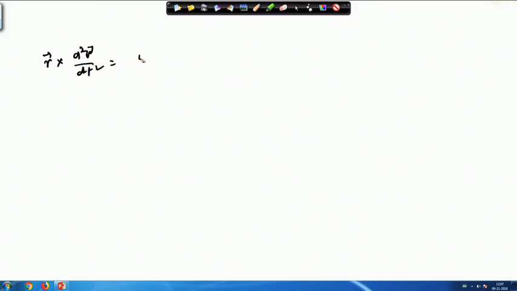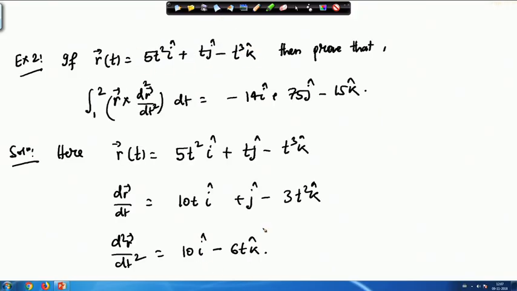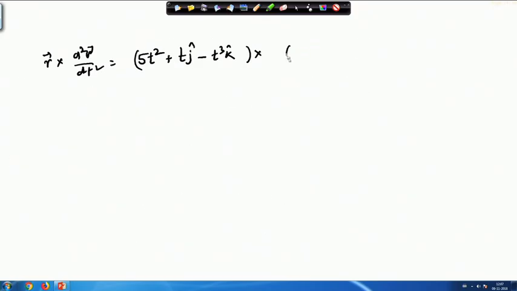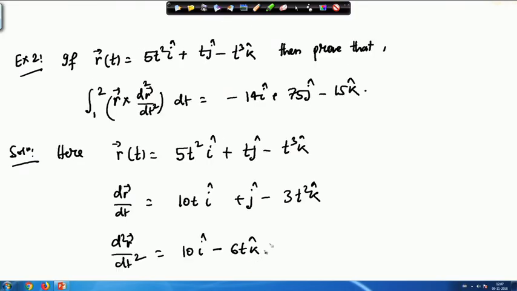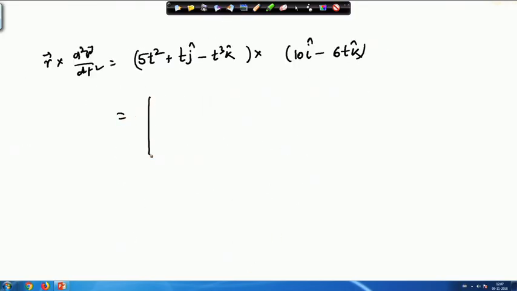Our given vector r is 5t² i plus t j minus t³ k, and d²r/dt² is 10i minus 6t k. Calculating this is not difficult. So i, j, k, then 5t², t, minus t³, and then 10, 0, minus 6t.